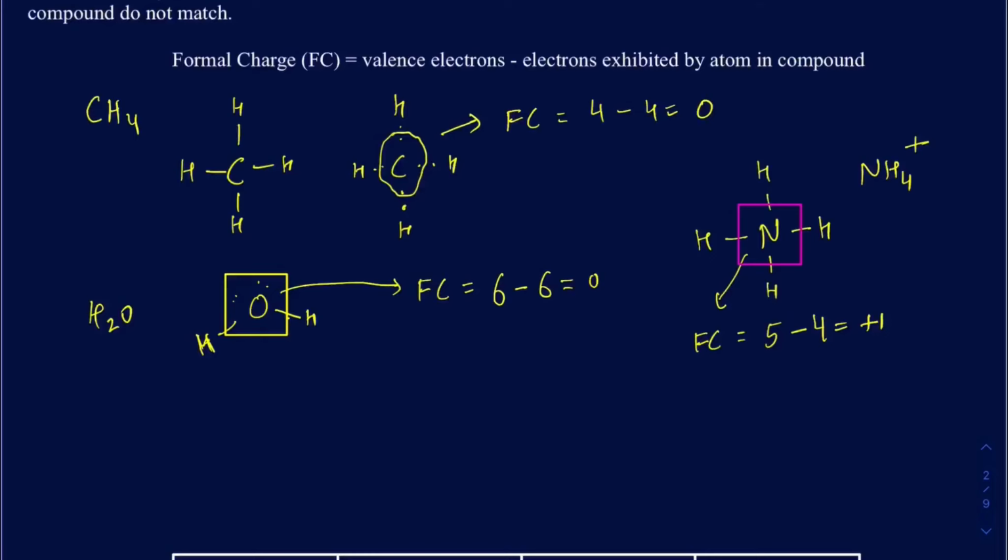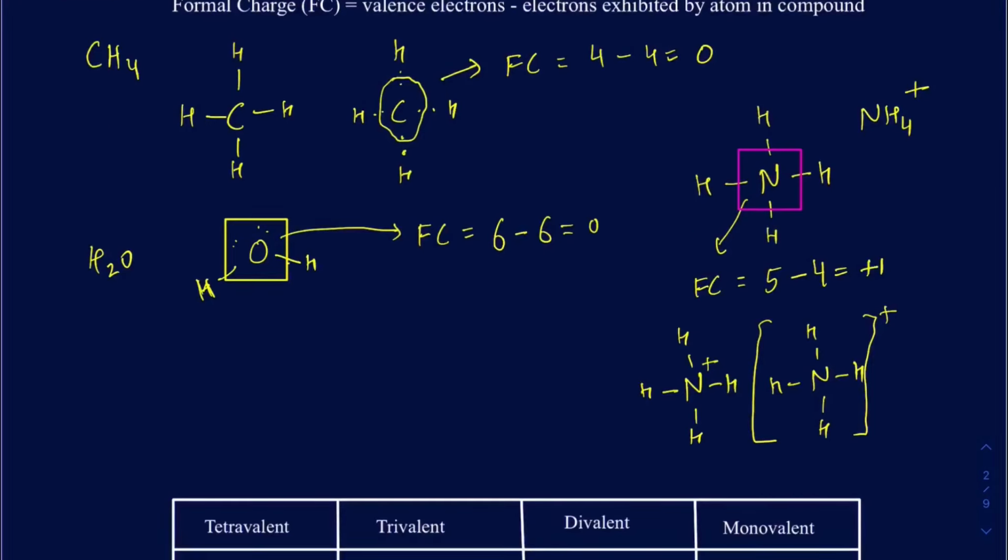I can write it as a nitrogen with a positive charge, or I can draw out the whole molecule and write the positive charge outside the brackets. Either one is fine, but don't put the positive charge both outside the brackets and also on the nitrogen.